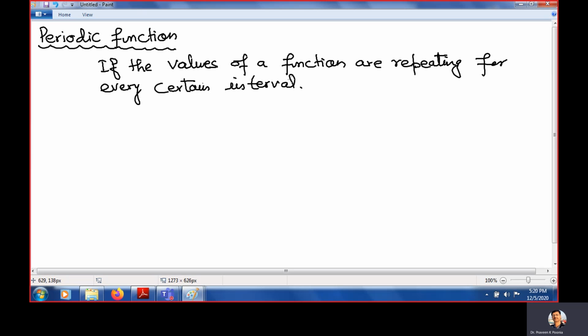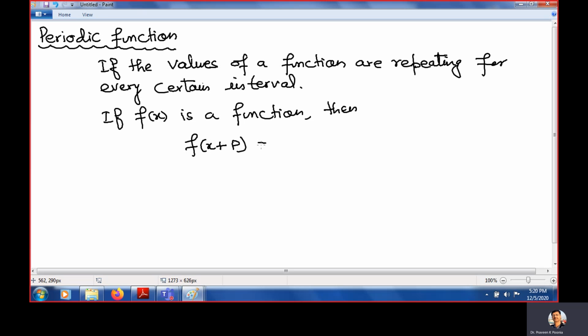Clear? So, if f(x) is a function, then if f(x + p) is equal to f(x), clear?